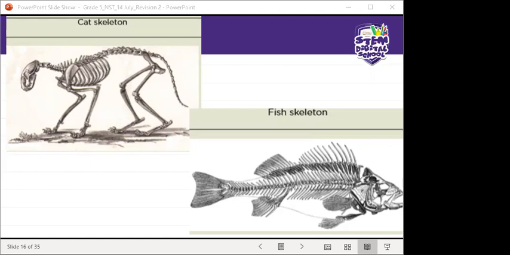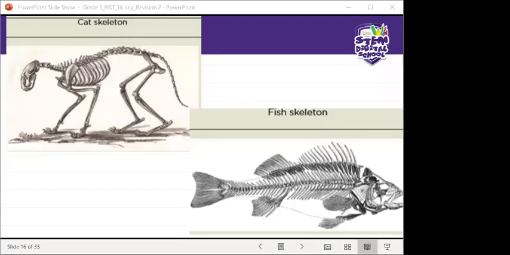Okay, Sakura is asking what is a hydroskeleton. So remember we spoke about two types of skeletons. Vertebrates have endoskeletons, which means they have a backbone as well as bones inside their bodies. And exoskeleton, these animals do not have a backbone, so they have a different type of structure which keeps their body.